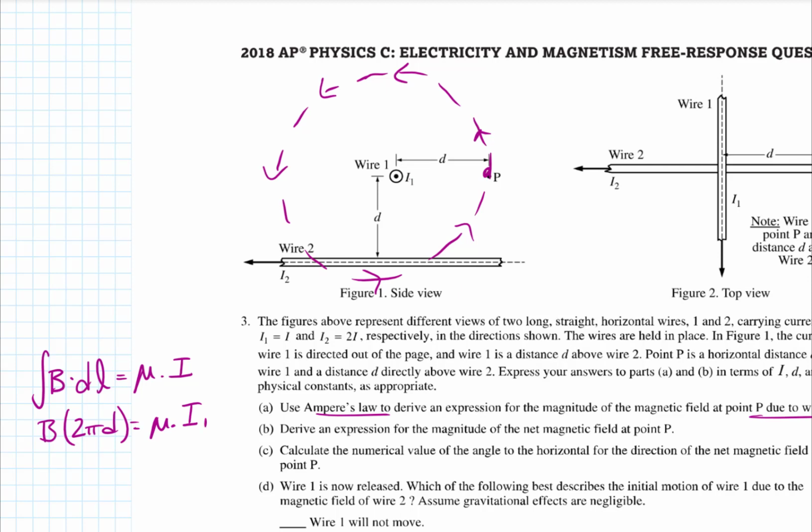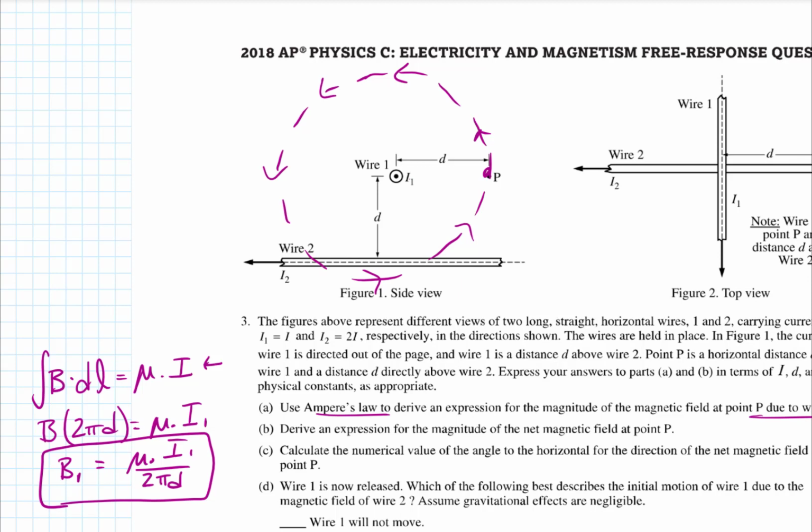That's the amount of current there. So the magnetic field from wire 1, we'll call that B1, is mu 0 I1 over 2 pi d.